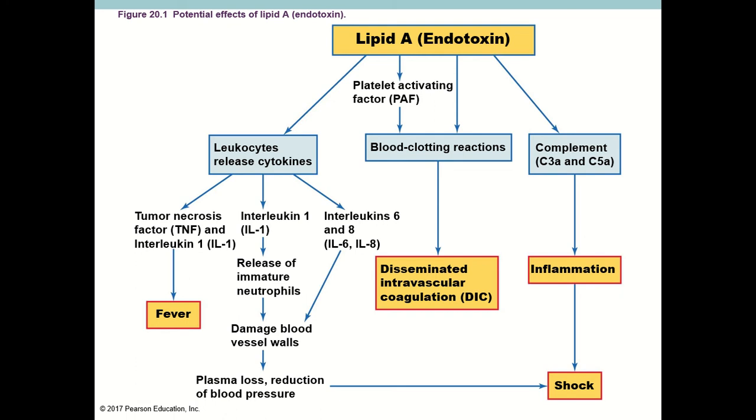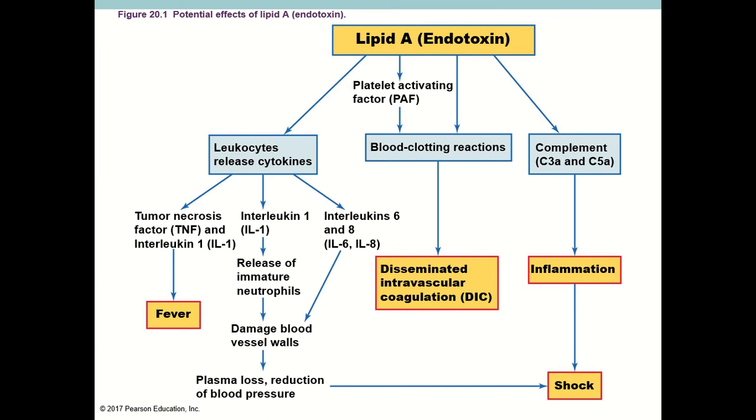So given the fact that there is either systemic or localized inflammation, that leads to vasodilation, right? So blood vessels tend to dilate, and that is to increase localized blood flow to specific areas of the body.